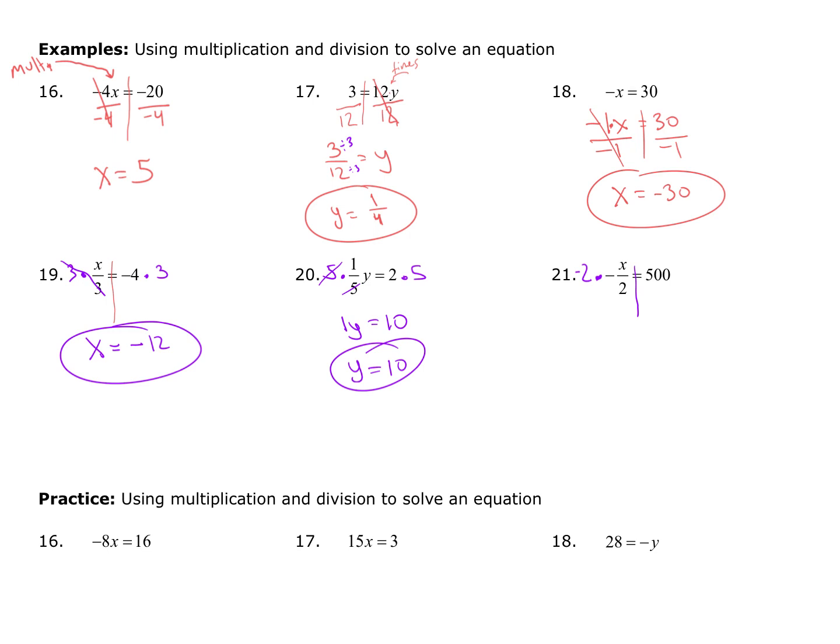I've got the negative and then the 2. So I need to cancel those out, but whatever I do to the left, I should also do to the right. So I'm going to multiply by negative 2, and then we're left with x on the left equals negative 1,000. 500 times negative 2 would be negative 1,000 on the right.